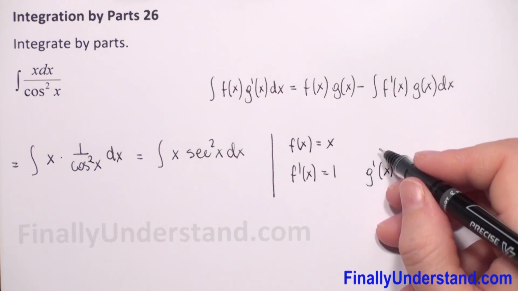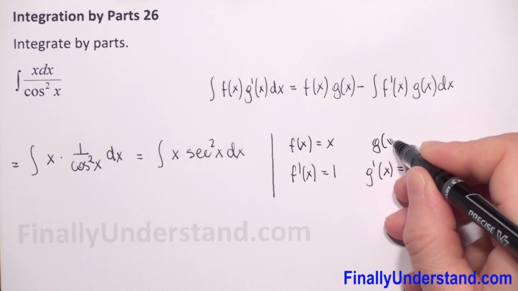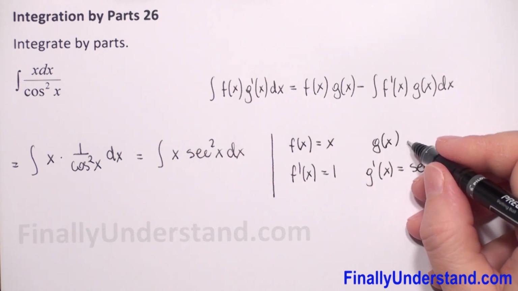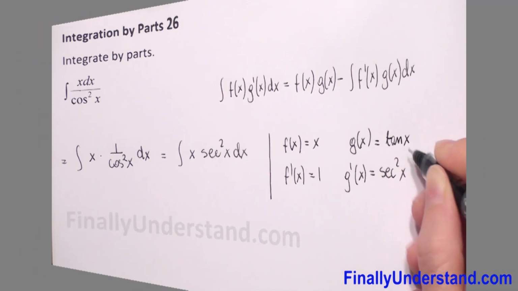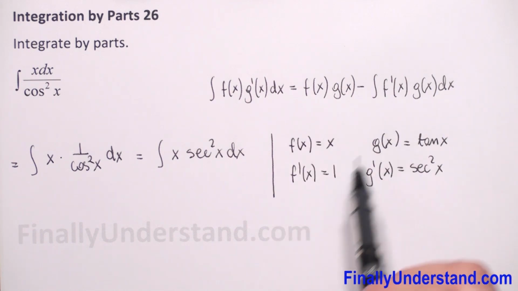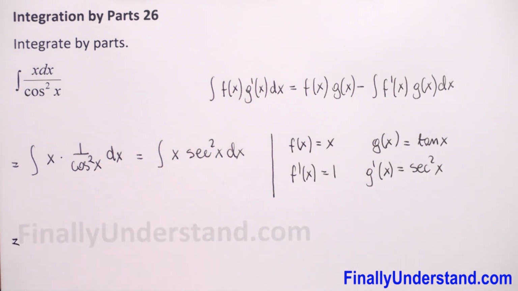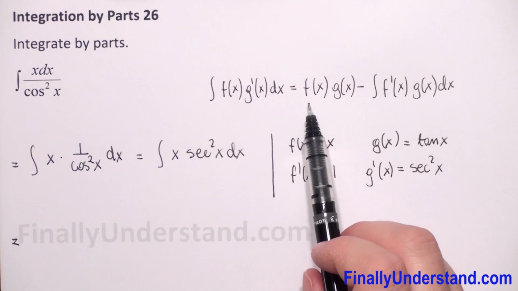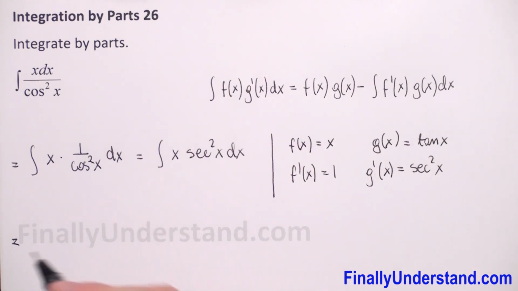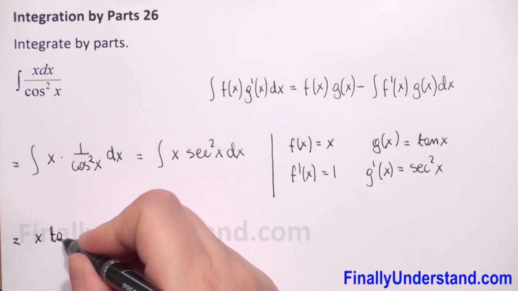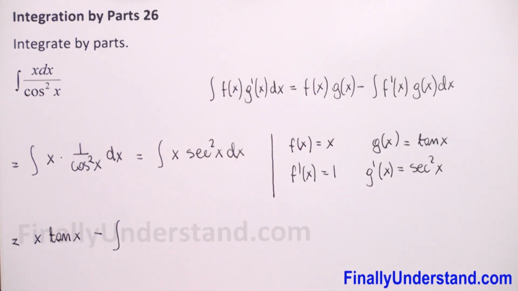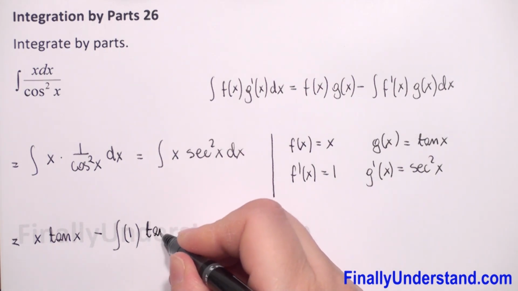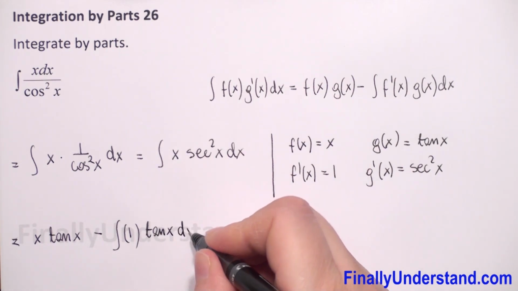And the antiderivative of secant squared is tangent. So we have g of x equal to tangent x. Now we can substitute into our formula. So we have that this is equal to f times g, so we have x times tangent of x minus the integral of f prime, which is 1, times g, which is tangent of x, with respect to x.